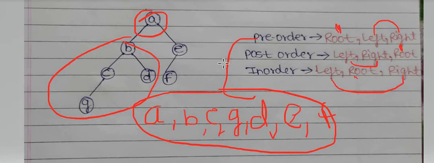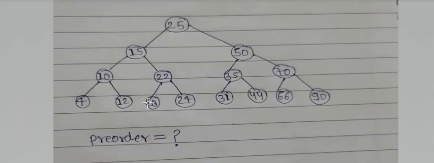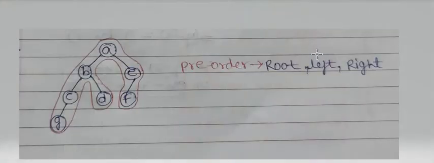Now sometimes we can make mistakes, not in this question, but maybe in a large question like this one. Now how do we solve such a question with a trick? We have these elements in the tree. What we have to do is just draw a line like this, traversing the tree with a line.